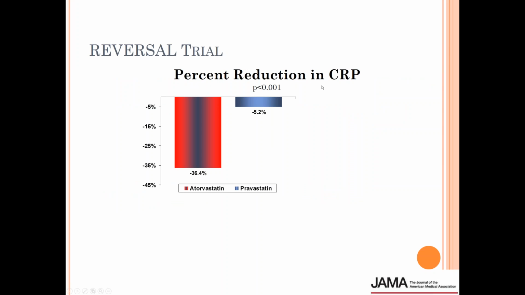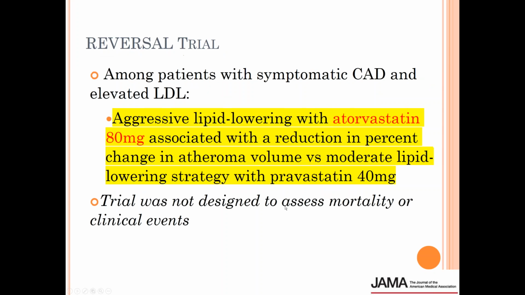Percent reduction in CRP, which is a marker for inflammation and has also been studied in plaque progression, was significantly lower in the high-intensity statin group.